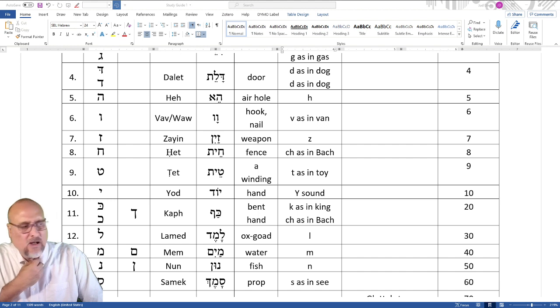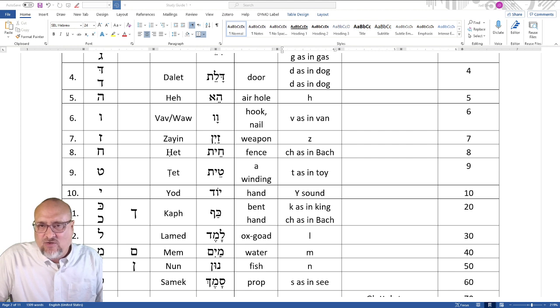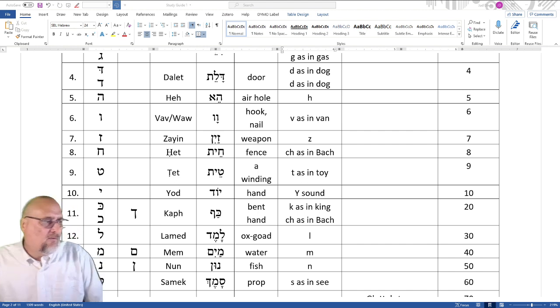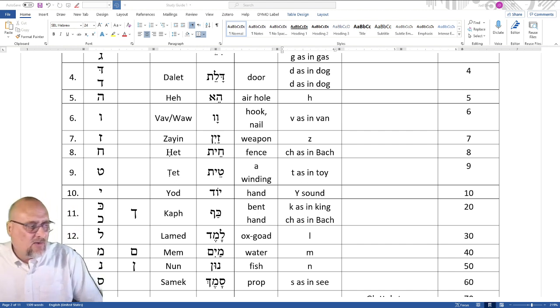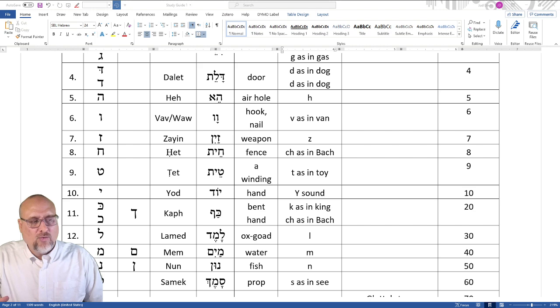A lot of people will transliterate that CH, but it's a hard H sound. Vav, Zayin, Het, Tet, which is a T sound, but a staccato T, where it's just really that sound. Het, Tet, Yod.